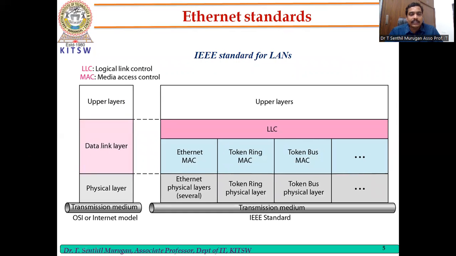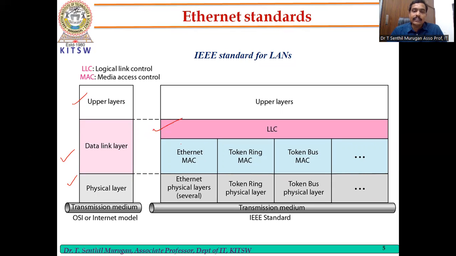See here, this is the diagrammatic representation. This is the OSI layer. We know the physical layer, the data link layer, and the upper layers: network, transport, and all the other layers. In this particular topic, we are going to discuss only the data link layer.